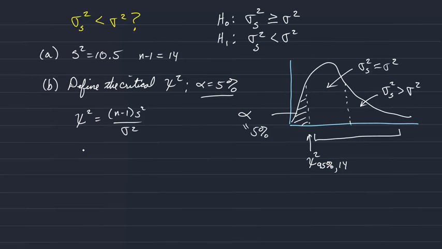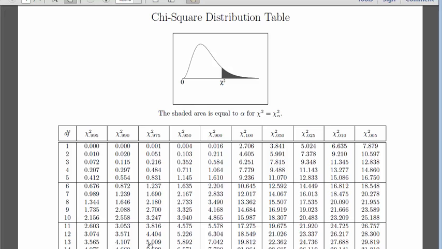So our critical chi-squared value is 6.57. Is that what I said? Let me double check. 6.57, right.